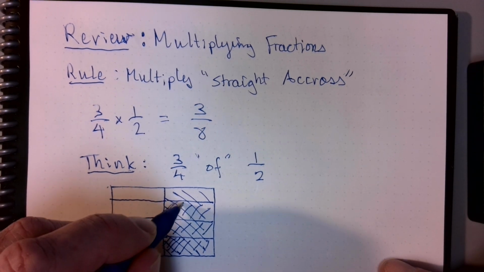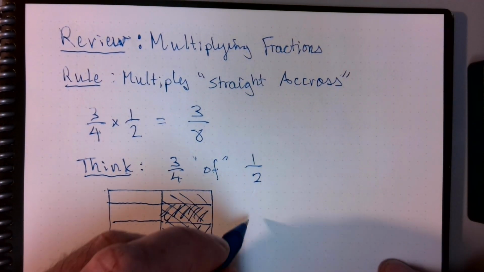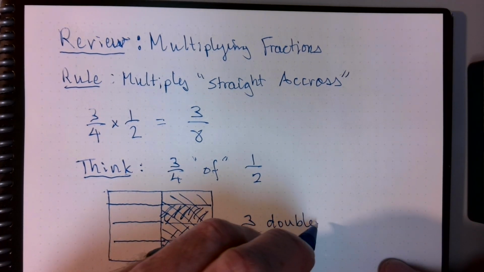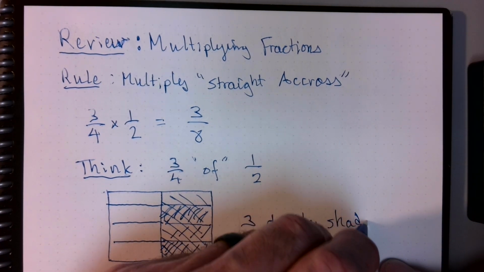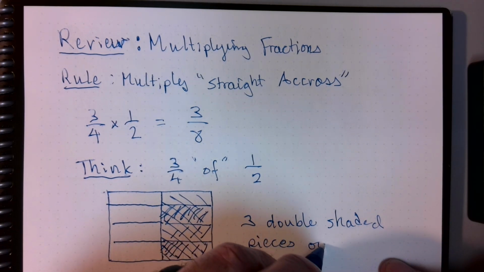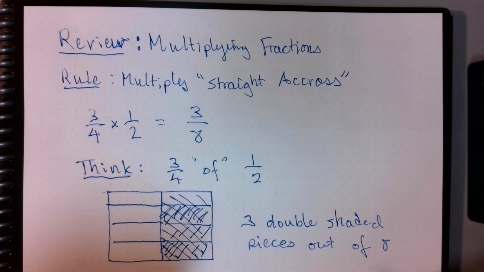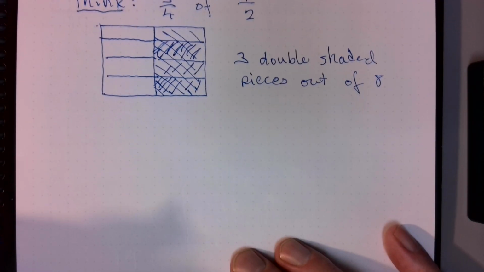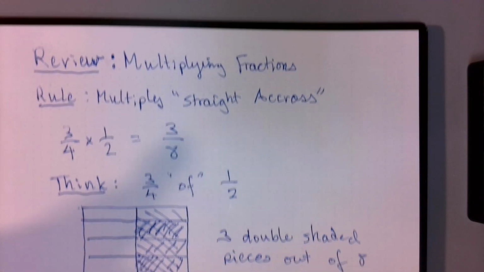And if we look at the pieces that are double shaded, we see 3 double shaded pieces out of 8. In other words, 3/8, which we got up there. So that is our review for multiplying fractions.